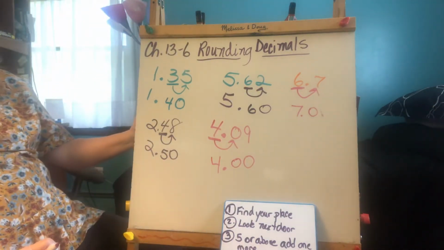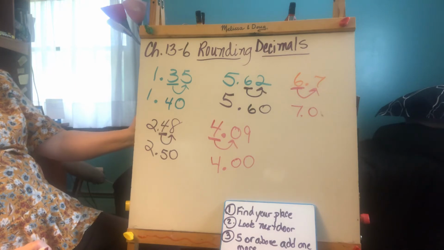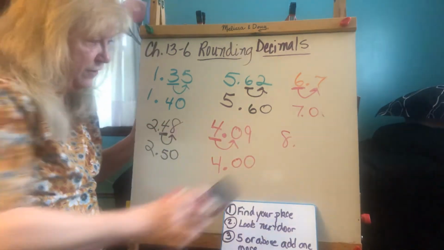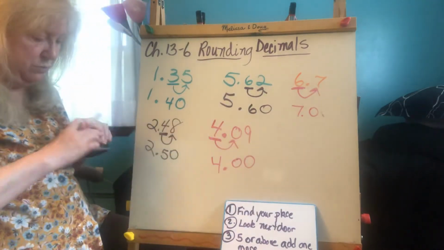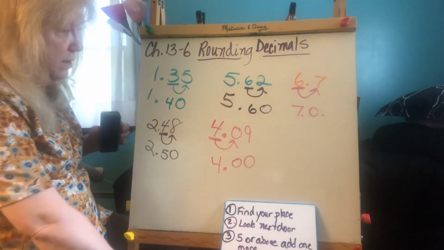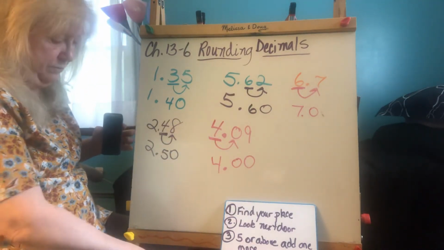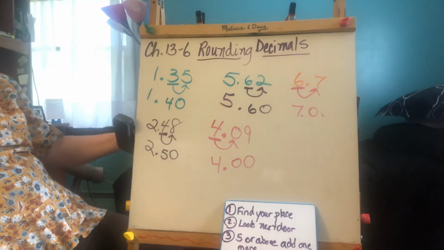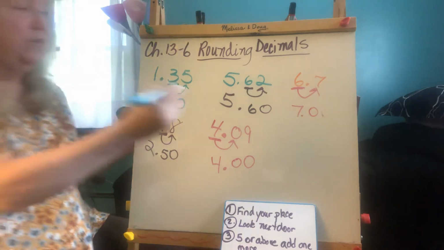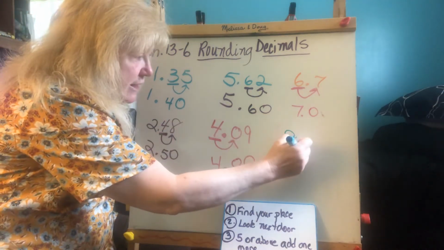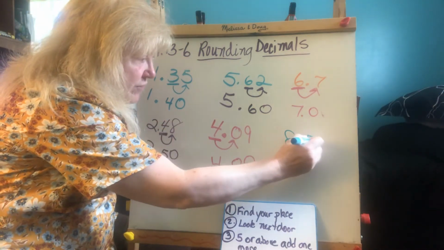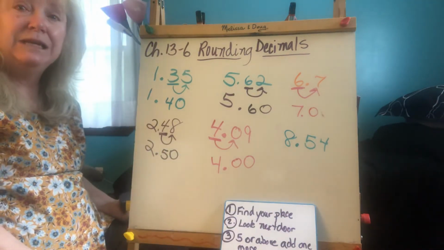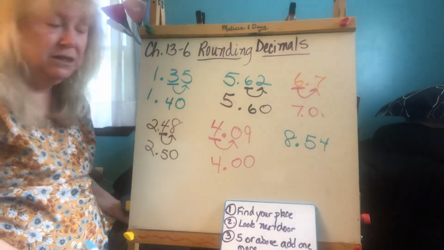How about this one? Let's do a different color because we've been just using pink too much there. Let's go back to blue. Let's do 8 and 54 hundredths. 8 and 54 hundredths. Rounding to the nearest 1.